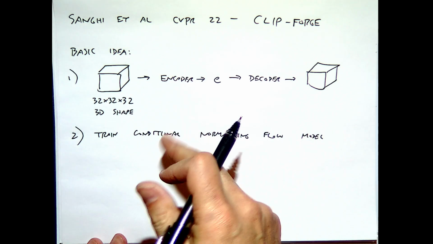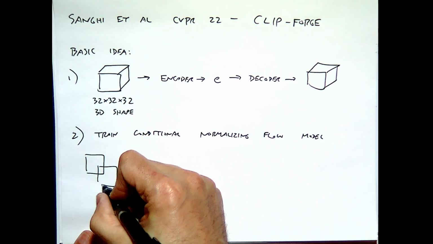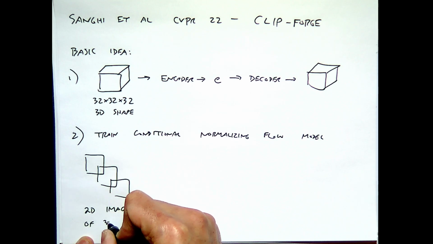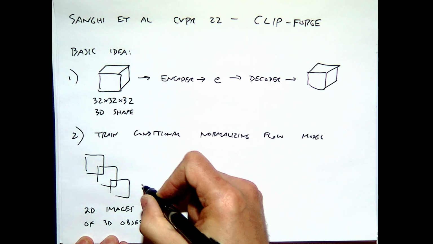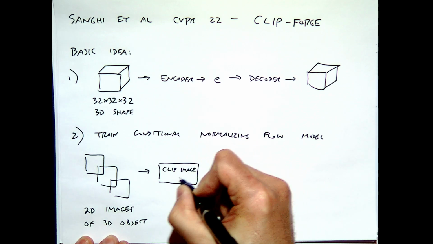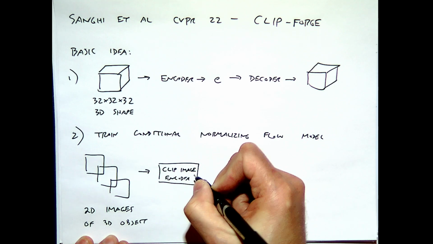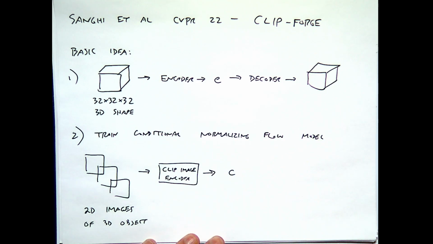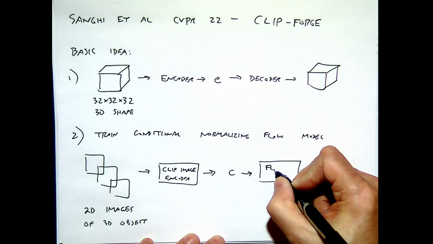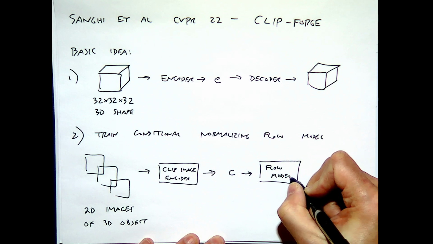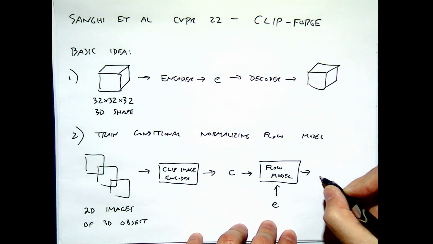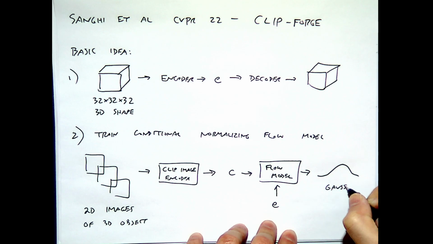You remember perhaps that normalizing flow was one of those little side algorithms we talked about along the way. But the idea is that once I have an object, I can make a bunch of 2D images of the 3D object. I can describe each of these things with the CLIP image encoder. That produces some embedding C, and then I can use a flow model conditioned on the embedding of the 3D shape to result in a Gaussian, right?